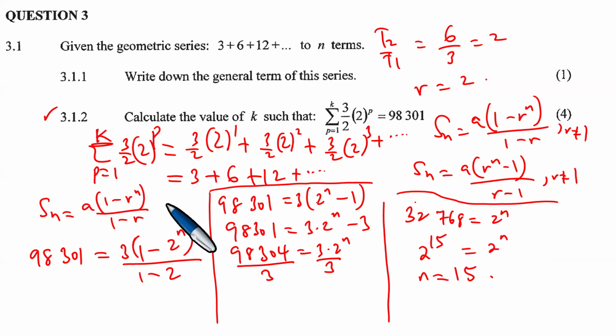As a consequence, we can conclude that our k is exactly 15, because we used n all the way. The sum of k terms, summing from p equals 1 to p equals k, and therefore the value of k itself is 15. So k equals 15.